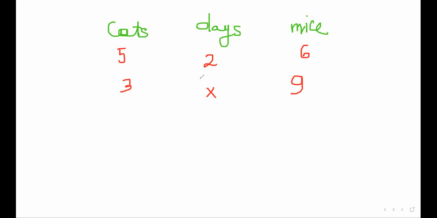Again, we have here the 3 variables: cats, days, and mice. First of all, let's agree that we need to clear the relationship between these 3 variables. Let's consider cats and days. What kind of relationship is between them?